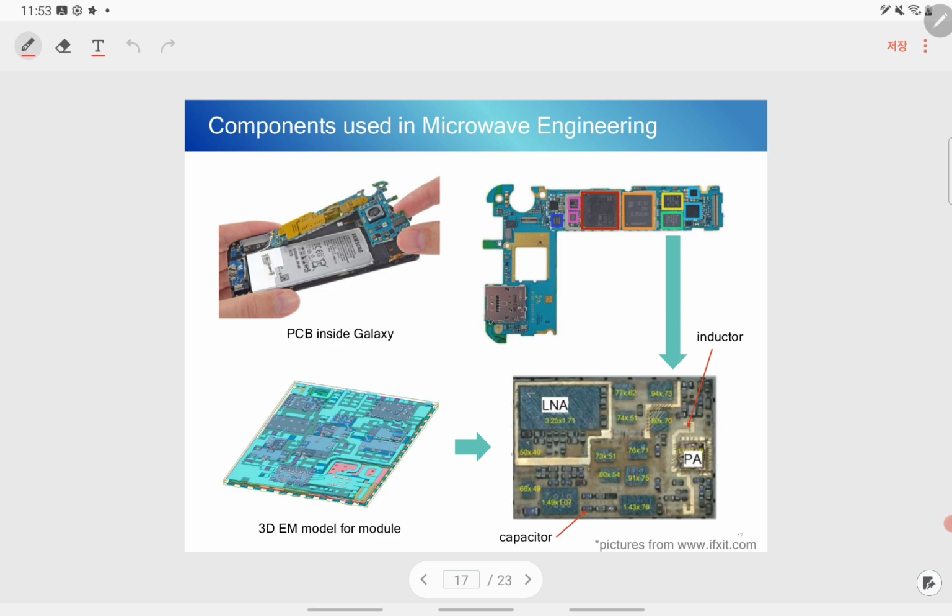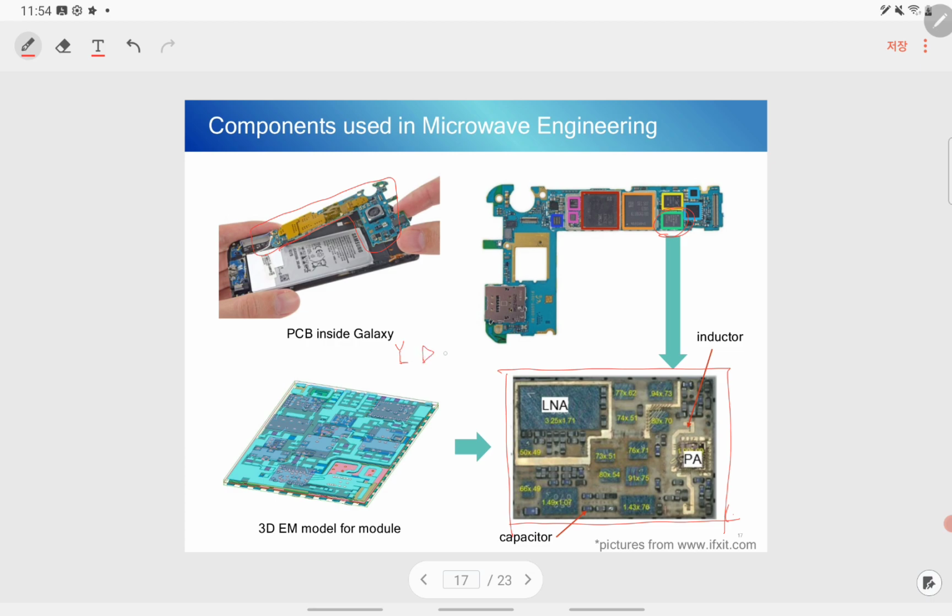And then in terms of microwave engineering, we have this kind of PCB board inside the cell phone. And if you take this green box, you will have this chip inside. So I showed you the antenna for the microwave engineering communication circuit.